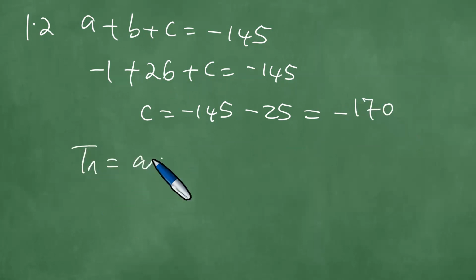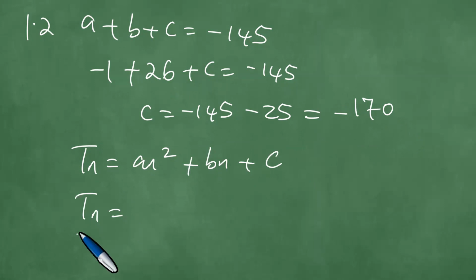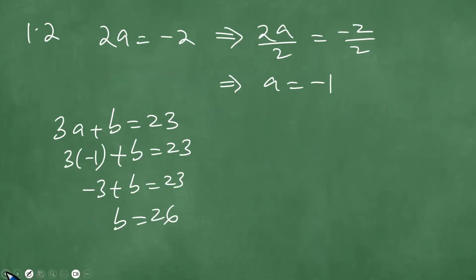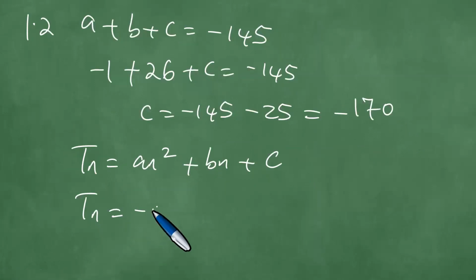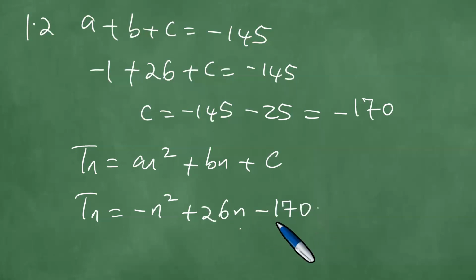Which means that it is an squared plus bn plus c, so T sub n equals the a, which is minus 1, so minus n squared, the b is 26, so 26n, and the c is minus 170, and that is the answer.